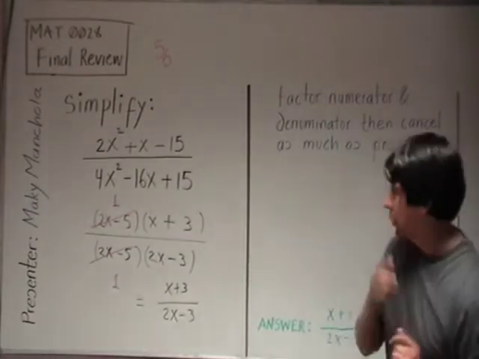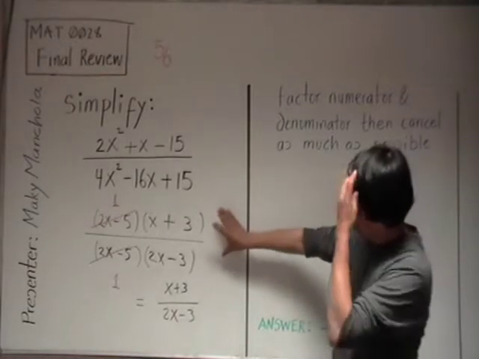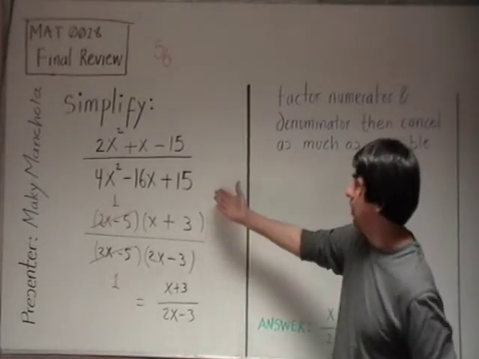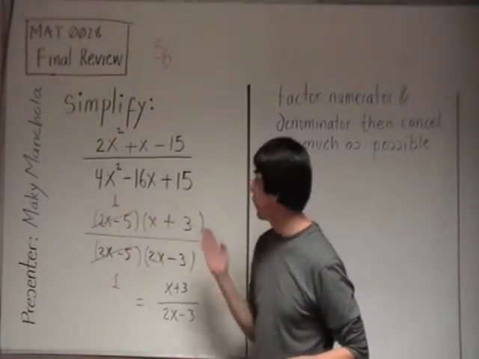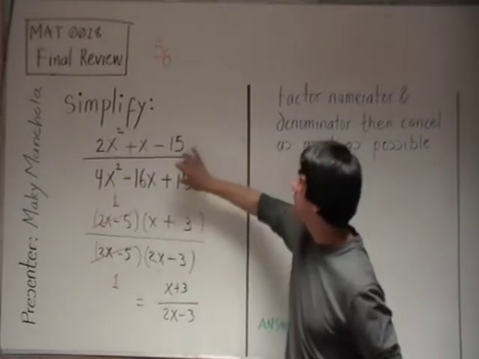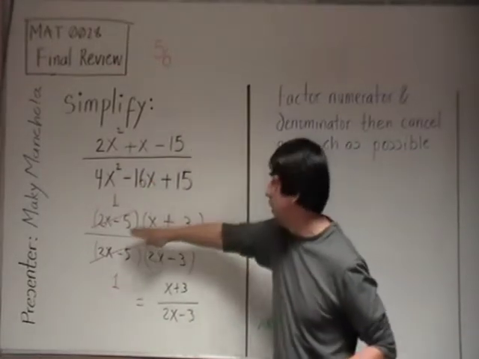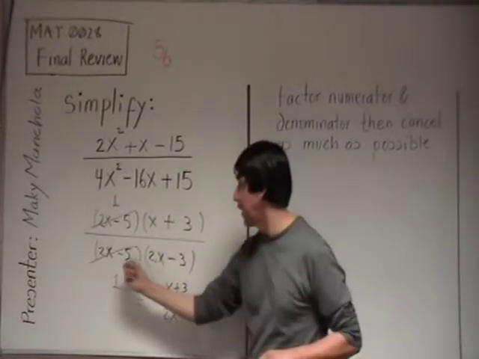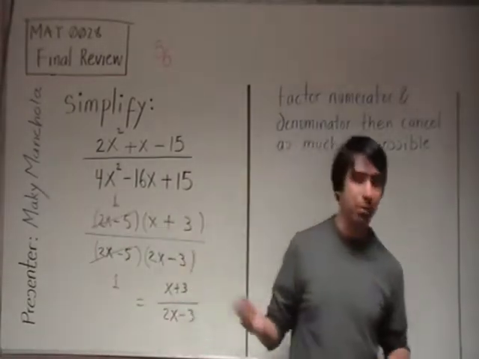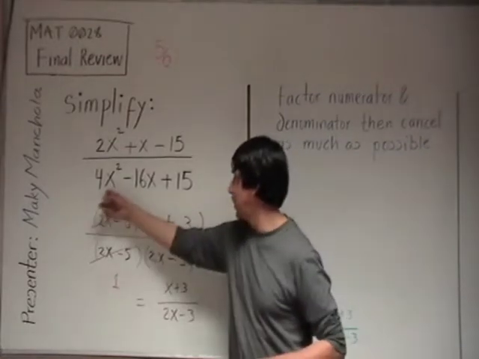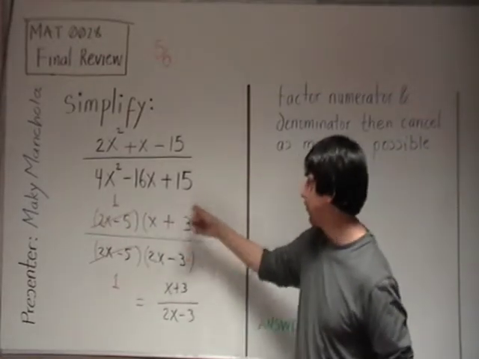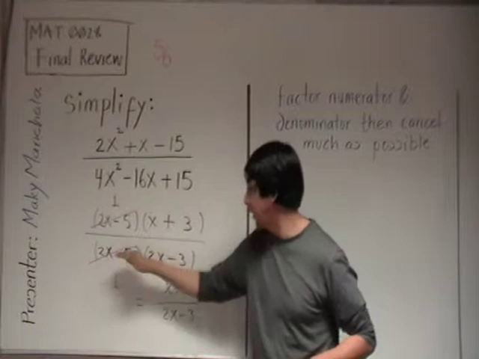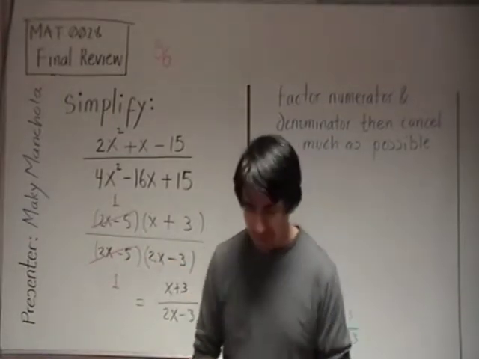One question that the audience will ask is, how did you know to factor 2x squared plus x minus 15 into 2x minus 5 times x plus 3? How did you get the factorization of the bottom, 4x squared minus 16x plus 15, to be 2x minus 5 times 2x minus 3?